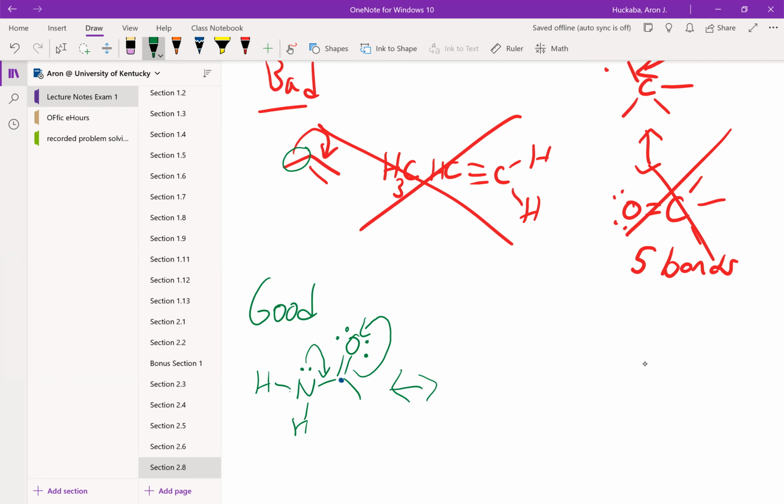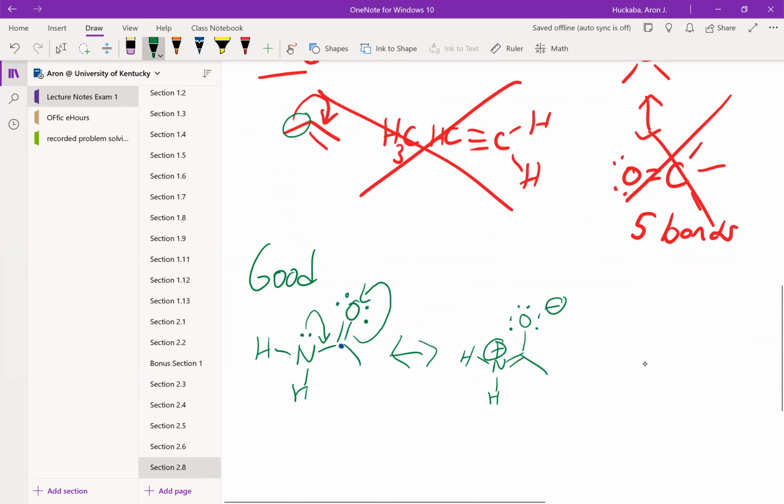So when you do that, this is the structure you get, which means that this resonance form here might be stable, or it might not be stable. We'll talk about that a little more as we get down into the end of this chapter. But this is a good use of an arrow.